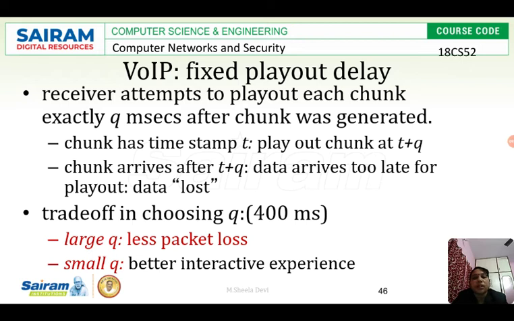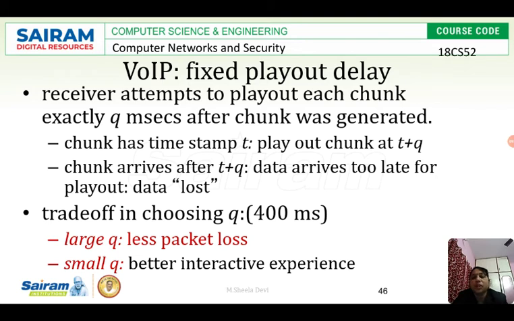A chunk arrives after t plus q, as I said. So it is generated at 5 o'clock and the playout is 5 minutes later. If the data arrives too late for playout, then the data is lost. If it arrives after that time, we cannot play it and the data will be lost.